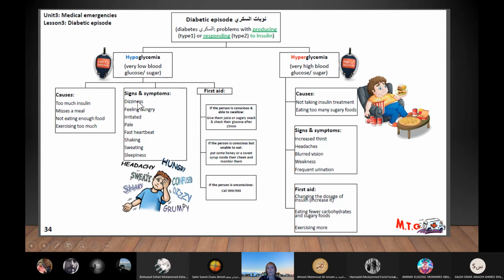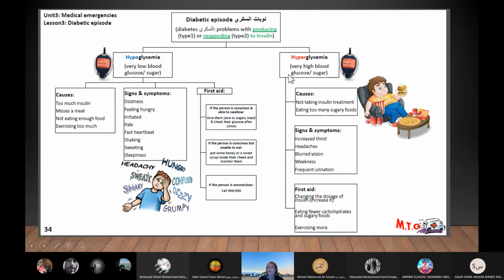They may feel dizzy, hungry, irritated, pale, shaking, or sweating. So it's very important that you give them juice or some sort of sugary snack, and check their blood sugar after about 15 minutes, if they're able to eat. If they're unable to eat, then you can put some honey or something inside their cheek and then monitor them. But if they're unconscious, or if you feel unable to help them, you should always call emergency.